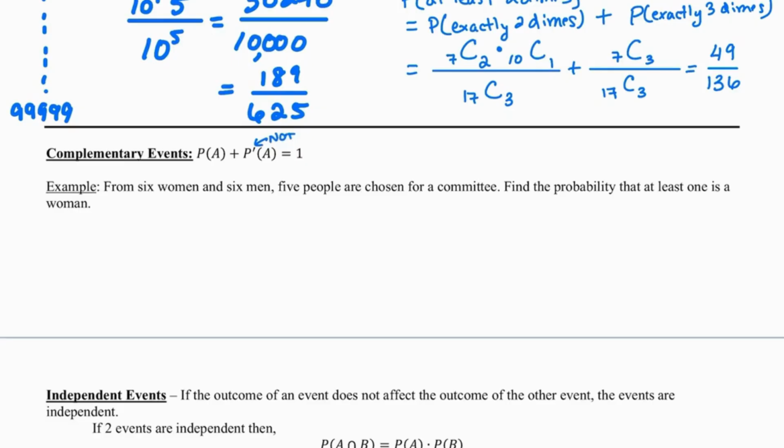So from 6 women and 6 men, 5 people are chosen for a committee. Find the probability that at least one of those people chosen in that 5-person committee is a woman. So we're trying to figure out the probability of having a committee of at least 1 woman.